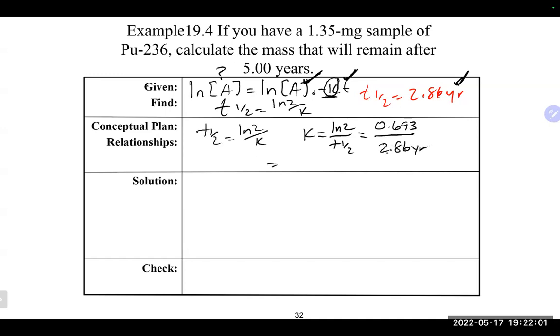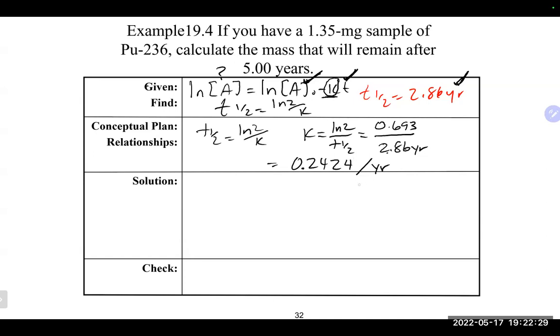And that gives us a decay constant of 0.2424. The units here are reciprocal years, so 1 over a unit of time, which is what you would expect for first order kinetics. It's always 1 over some unit of time.